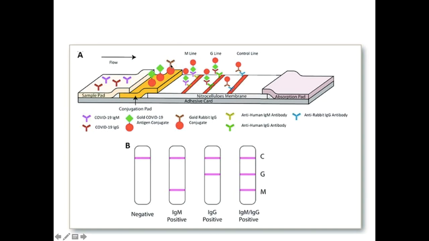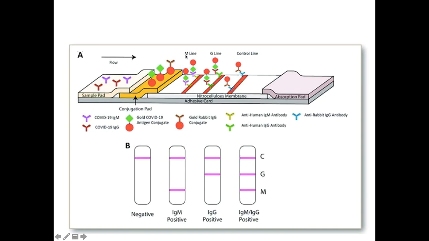Different parts of this nitrocellulose membrane, along with the conjugation pad, are coated with different types of antibodies. For example, the M line is coated with the anti-human IgM antibody.